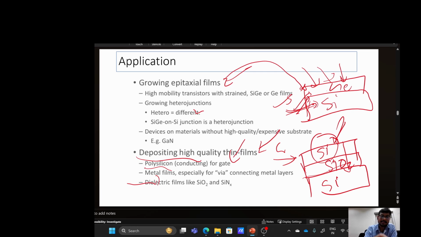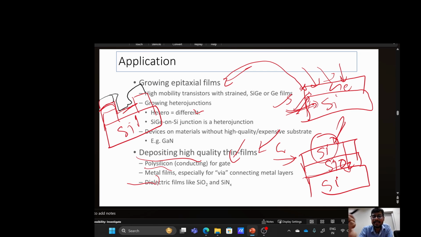Okay, and metal films for connecting. In the sense, if there is a step, and this is silicon and this is SiO2 or any other material, and this is a step height, and over this you want to deposit a metal, and this metal should be connected.